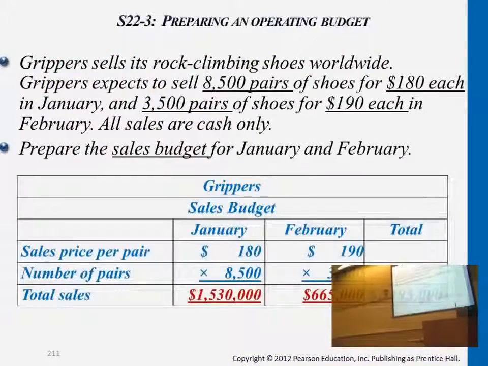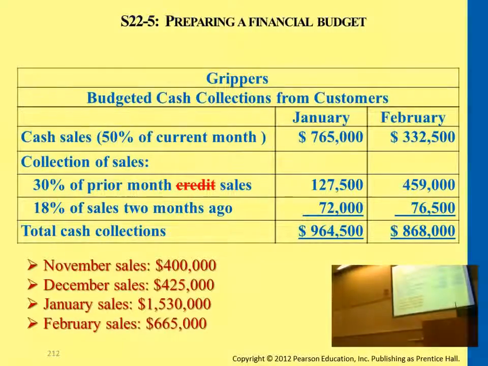Okay, so for these 2 months, you'll be using, again, 50% of whatever is sold out in this month, 30% of what is sold out in previous month, 18% of the sales revenue for 2 months ago. Then you add them up, that becomes the total cash collection you're making for January and also for February.